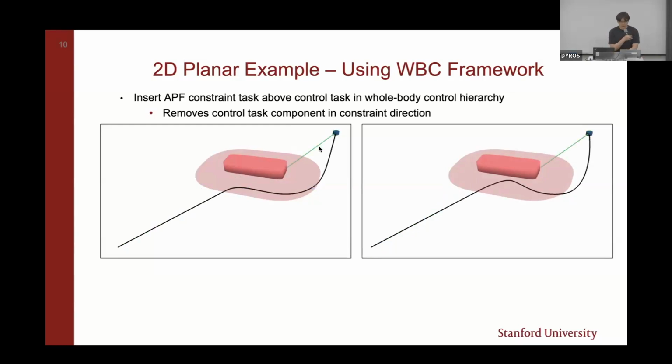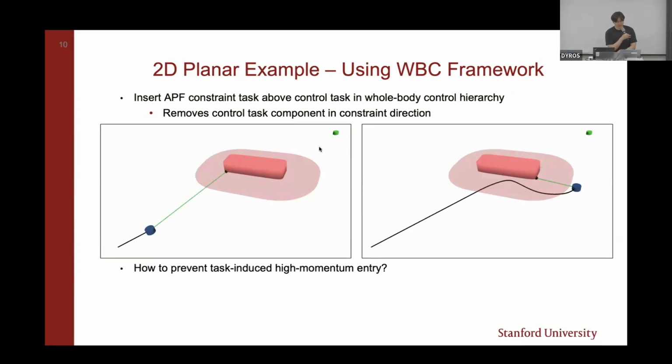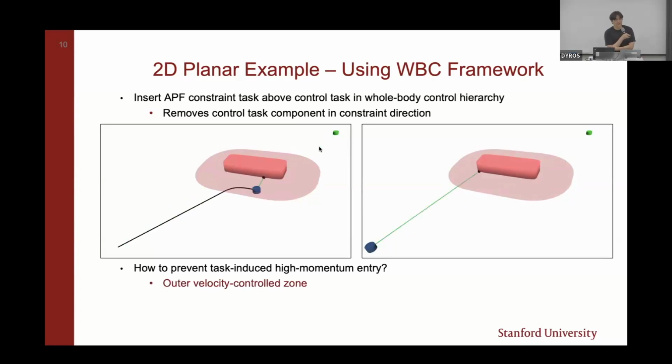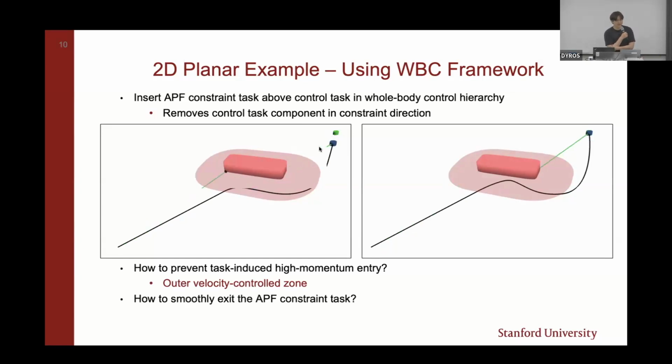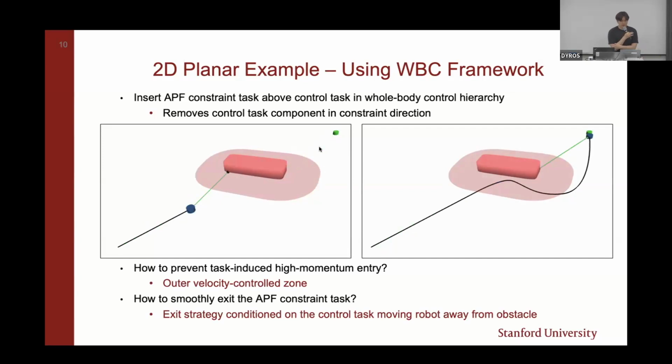So there are two remaining issues. First is how to prevent task-induced high momentum entry, which is addressed by the outer velocity controlled zone. And second is how to smoothly exit the APF constraint task. This is addressed by an exit strategy conditioned on the control task moving the robot away from the obstacle. The second issue is highlighted in the first video, where the control task is modified until the robot leaves the zone of influence.